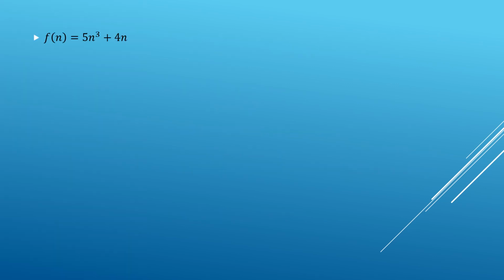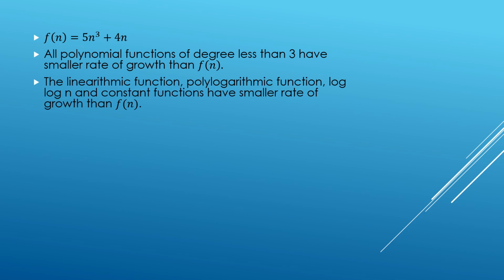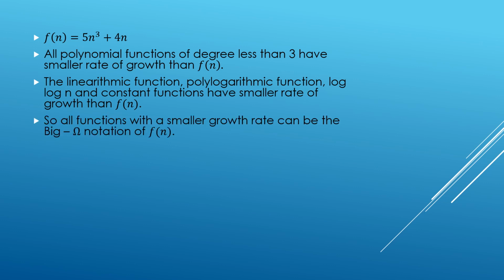F(n) is 5n cubed plus 4n. All polynomial functions of degree less than 3 have a smaller rate of growth than F(n). The linear function, polylogarithmic function, log n, and constant functions have a smaller rate of growth than F(n).